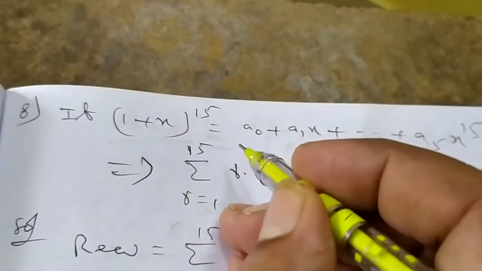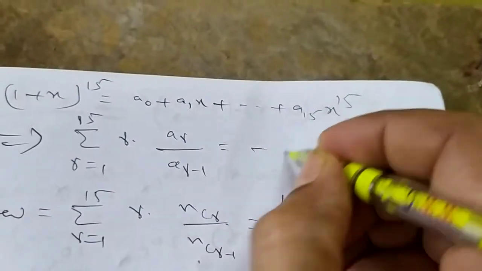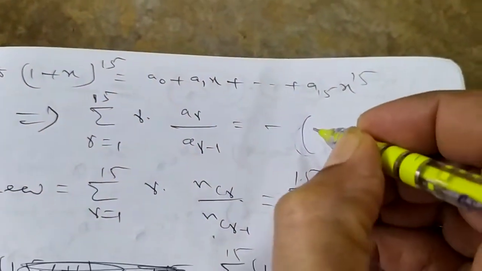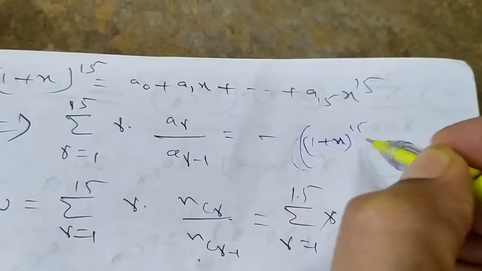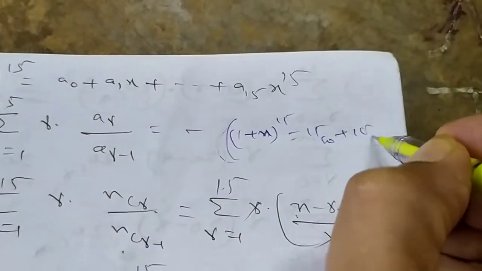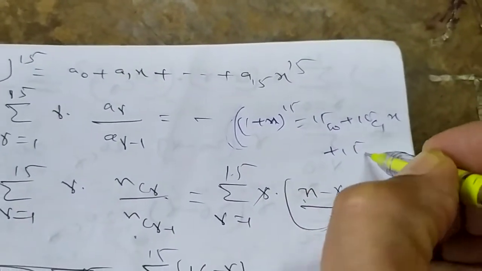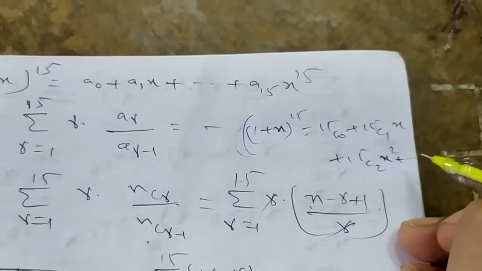So clearly from the expansion of 1 plus x whole power 15, 1 plus x whole power 15 equals 15C0 plus 15C1 into x plus 15C2 into x square plus and so on.